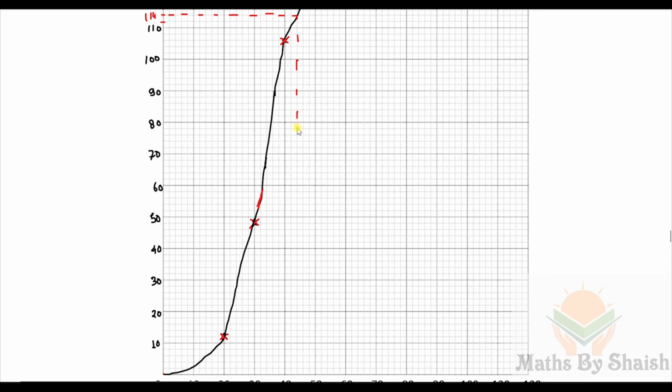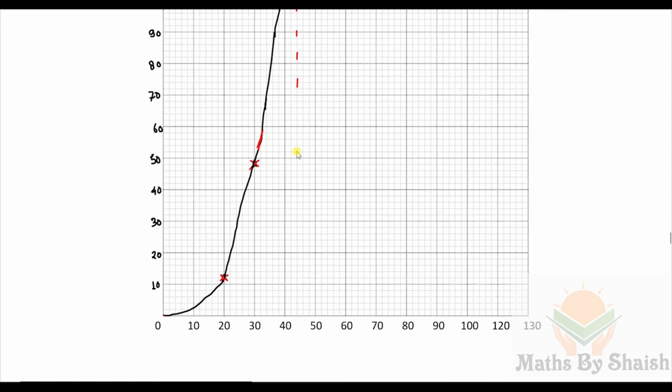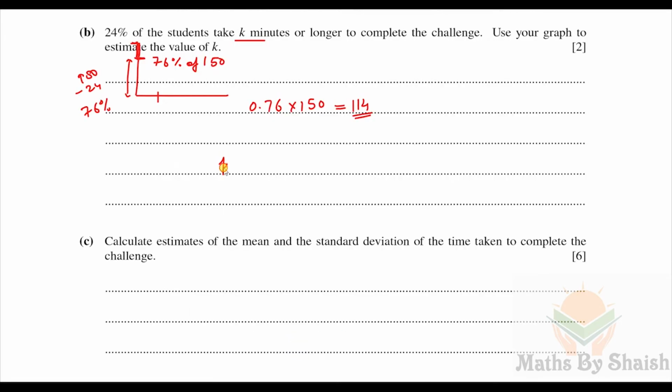So this value is going to be somewhere here, and this is going to be 44. So the k value is 44. This means above 44 minutes there are 24% of the students. We always calculate from 0 to that point. So 24% are coming here, which means 76% will come here. To get this value, we'll do it like that.